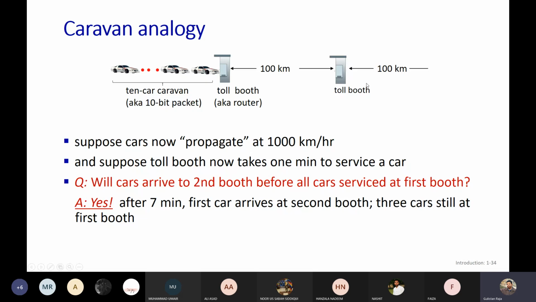So you have to keep this thing in mind. It depends upon the propagation speed, and also the time taken at a router. So these are the two factors which are involved in transmission of packets.